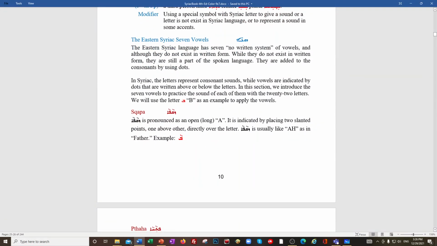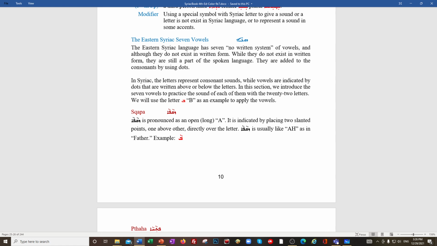The vowels, the 7 Syriac vowels. We have 7 vowels, and they are represented using dots.